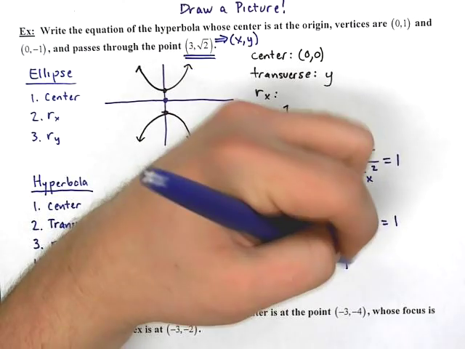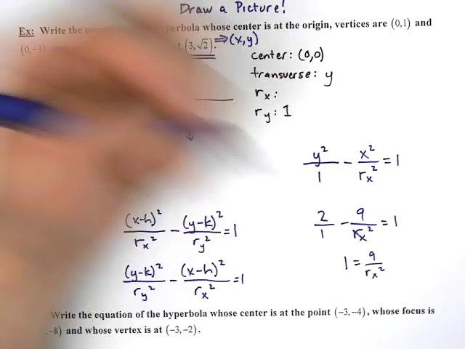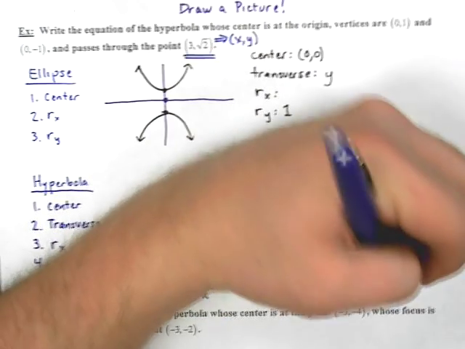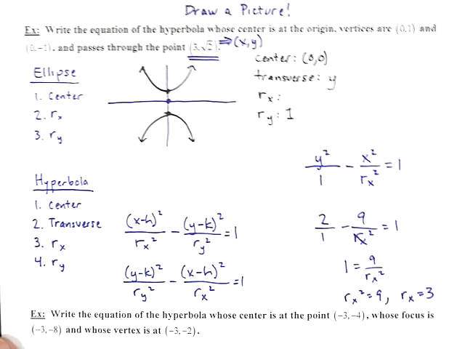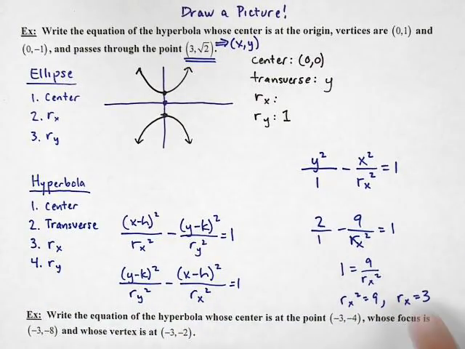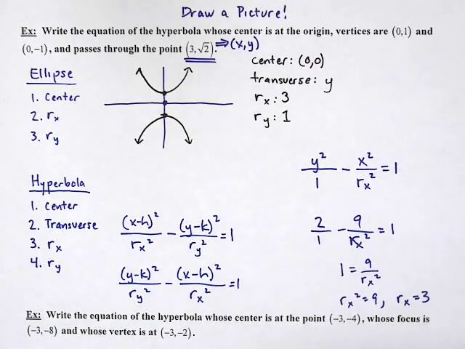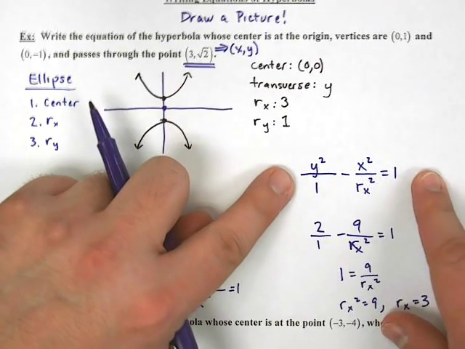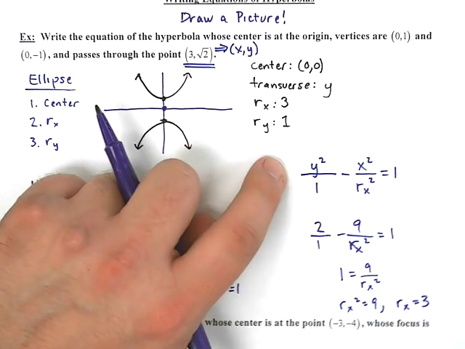So 1 is equal to 9 over rx squared, or rx squared is equal to 9, or r sub x equals 3. That's important. Now that we have r sub x, I can put it in and write my final answer. Really, it's going to be right off of this. It's just that now we can replace r sub x.